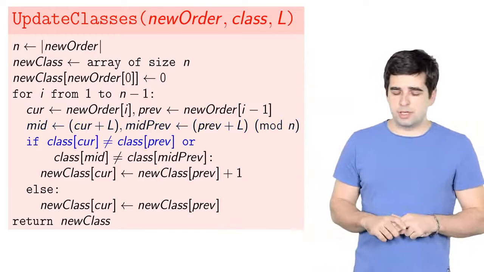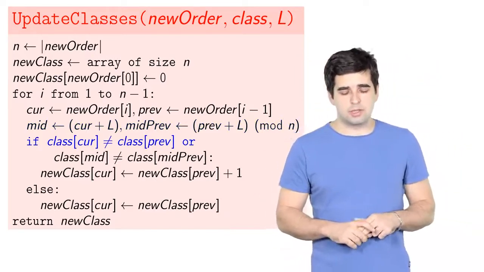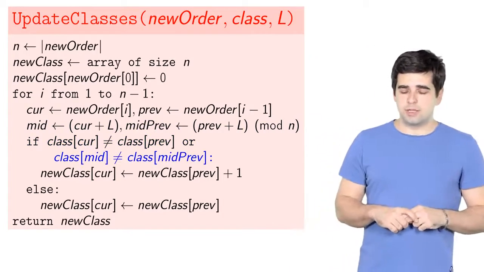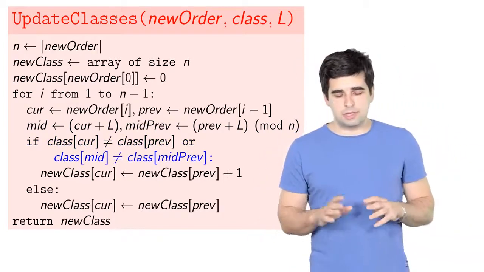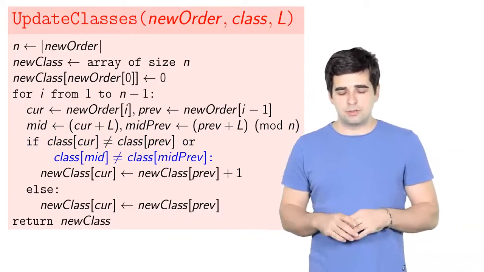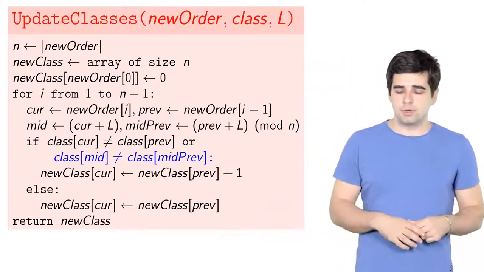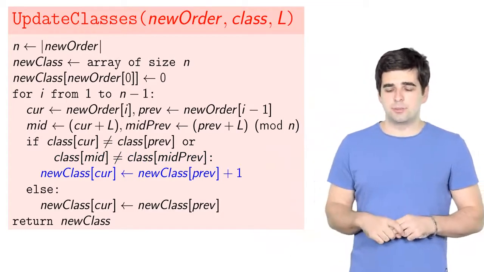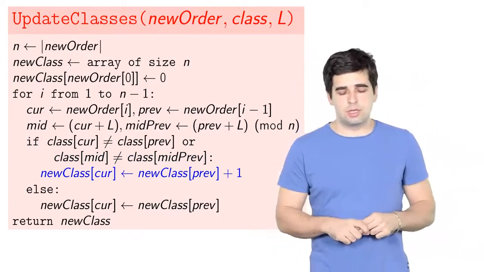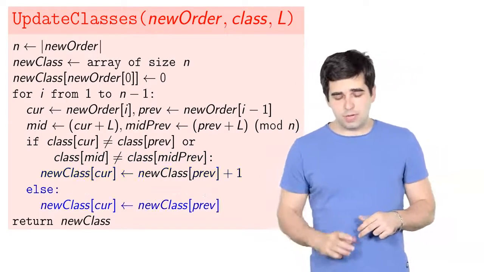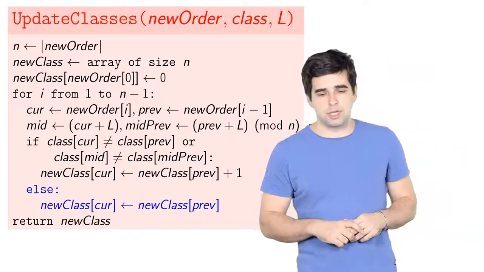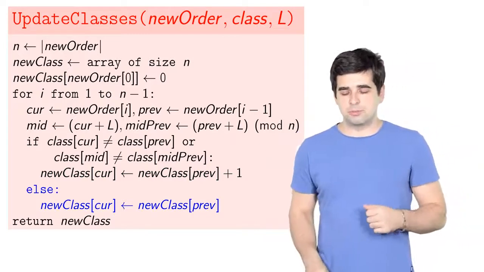We compare the classes of the current position and the previous position, and the classes of the starting positions of the second halves. If at least one of the halves is different, it means that the pair is different from the previous one, and we need to create a new class: increase the current class by 1 and assign it to the current position. Otherwise, the pair is the same as the previous one, and we don't need to create a new class, we just assign the same class to the current position.